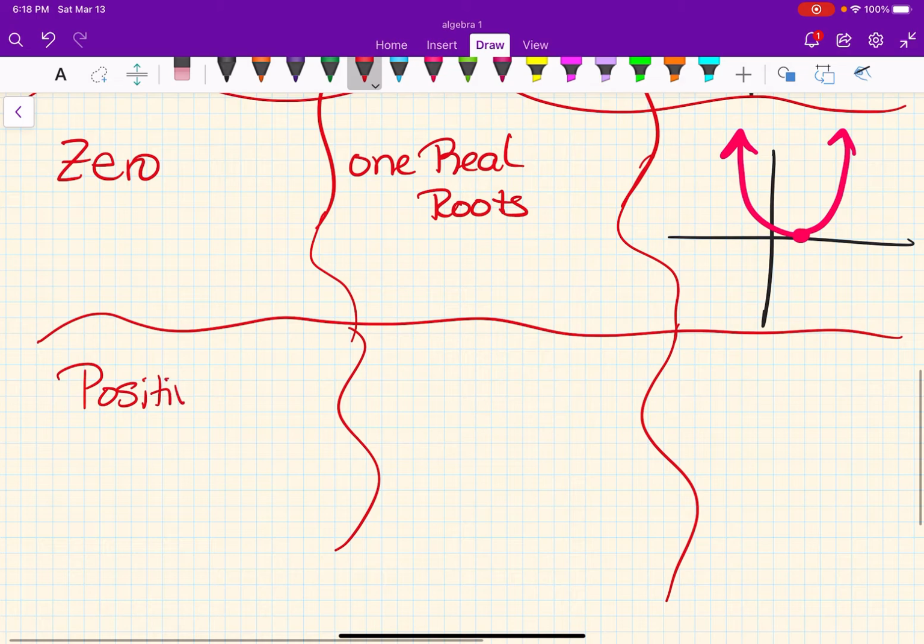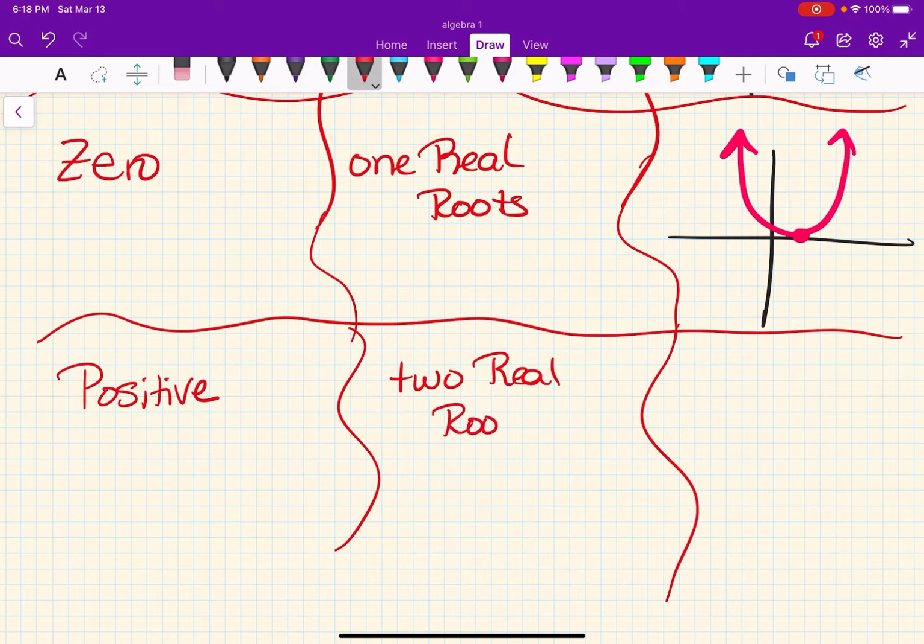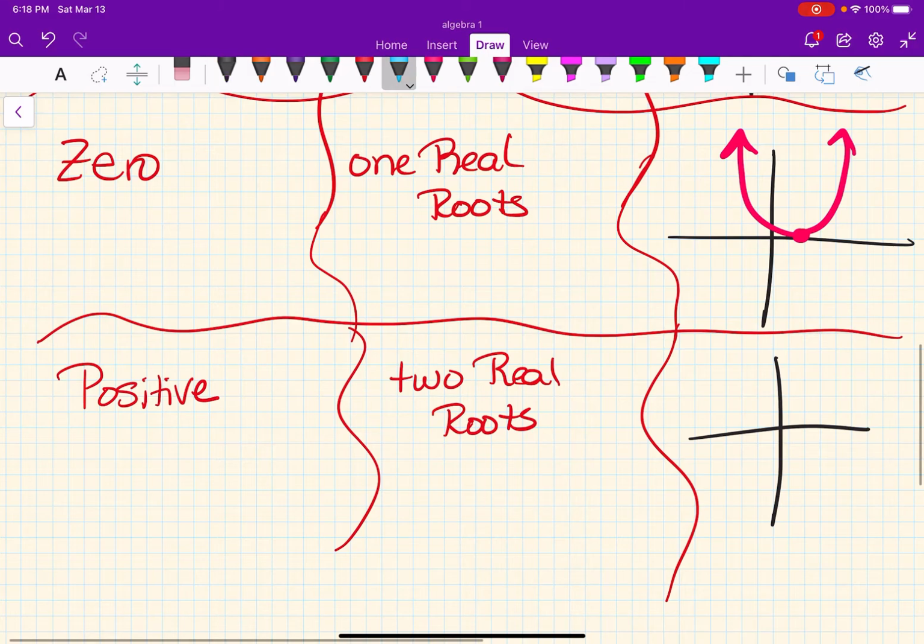If we have a positive discriminant, then we have two real roots, and you have to continue all the way to the end. This is a nice check. If you're expecting two real roots and you get none, then you need to go back and see where you made a mistake. Again, remember, roots are where we cross the x-axis. In this case, it crosses twice, so we have two real roots.